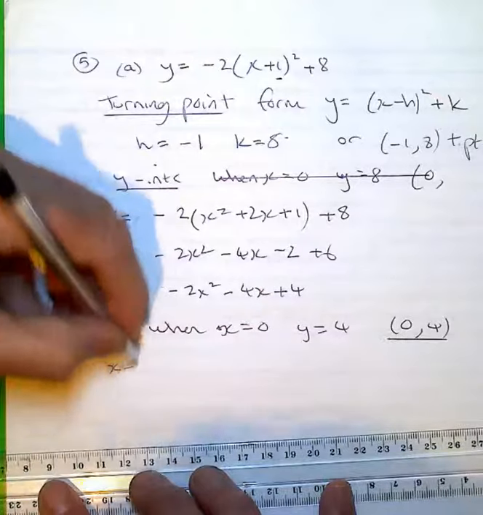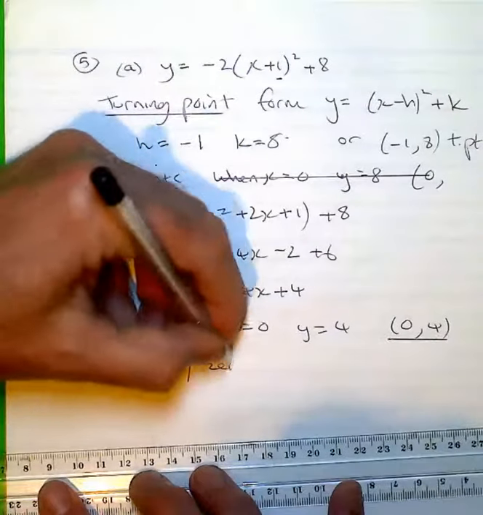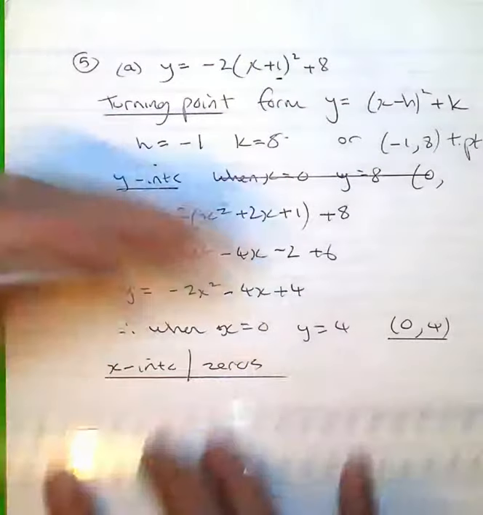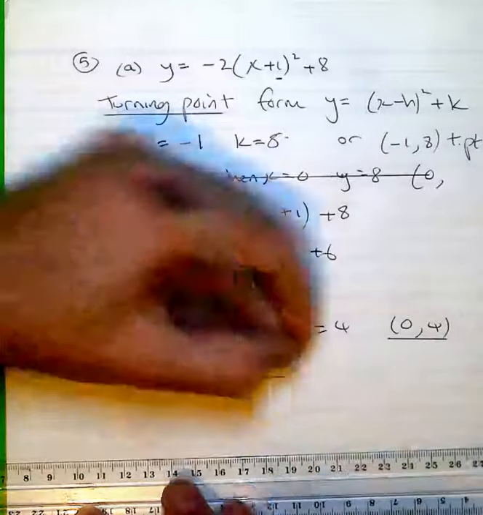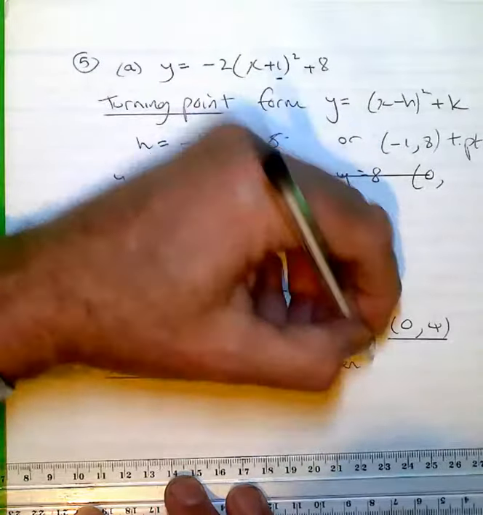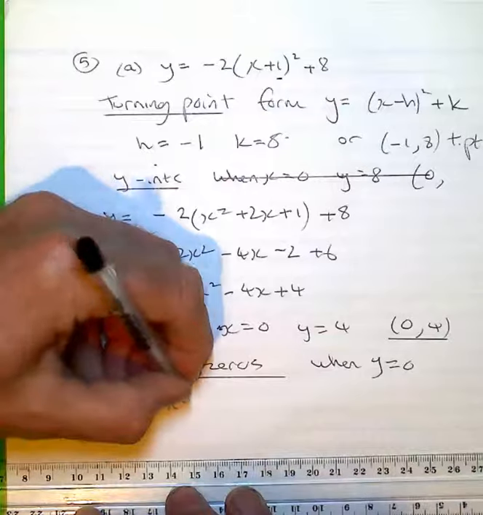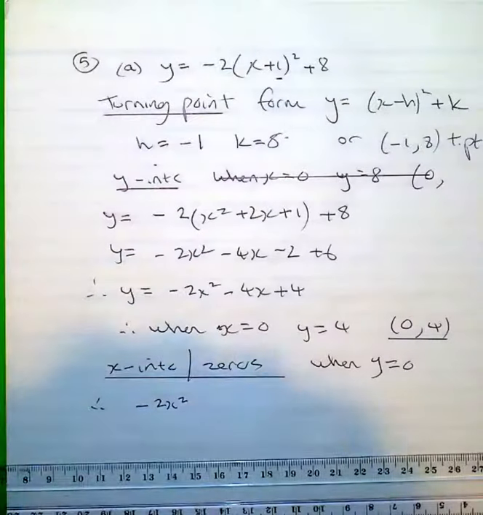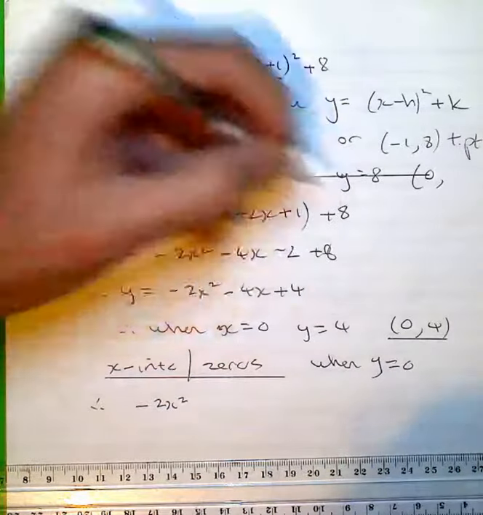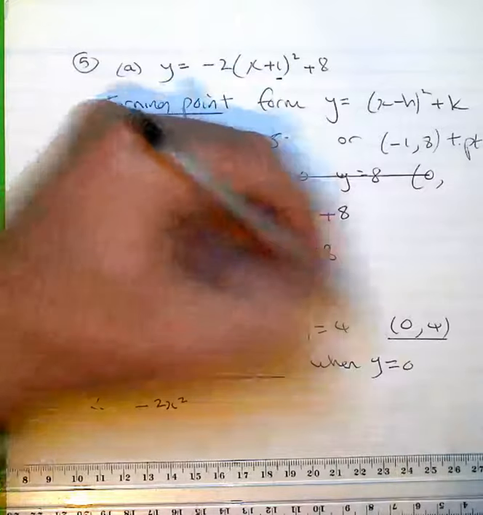Now, the x-intercepts, commonly referred to as the zeros, we have to factorize that expression, but we'll put the statement when y is equal to 0. It's plus 8, sorry. 0, 6.